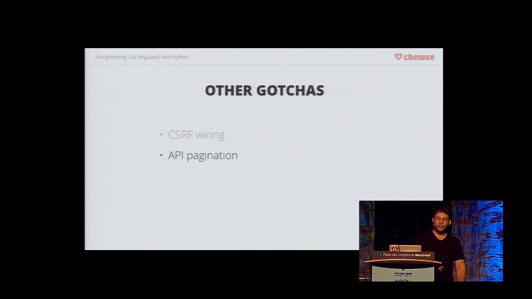And then the last fun one that I ran into was API pagination. When you're working on the back end and you've got a bunch of data that you're going through, that tends to just work fine. But when you have an API, you want pagination because you don't want to return all 3 million records.